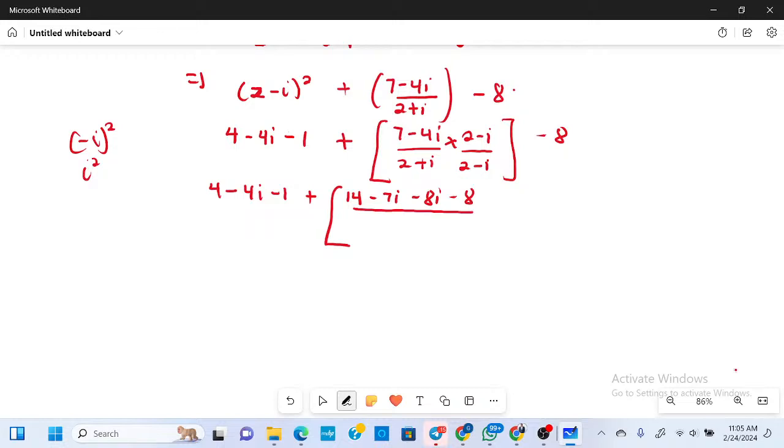This is just the difference of two squares, so you have 4 plus 1. But let's simplify. 2 by 2 is 4. 2 by negative i is minus 2i. 2 by i is plus 2i. i by negative i is plus 1. Minus 8. So I still have 4.